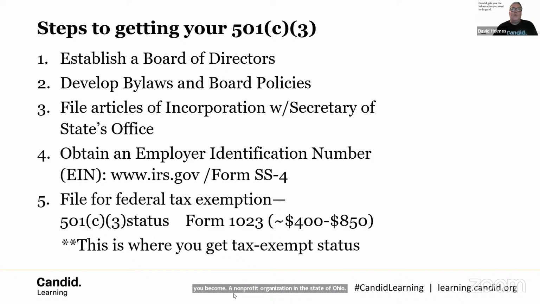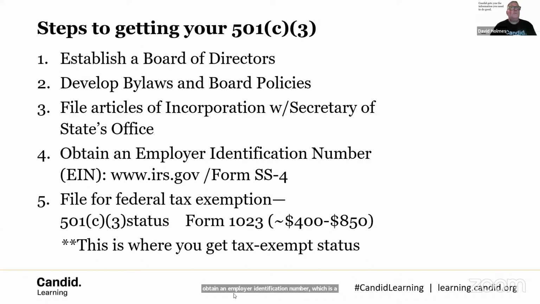However, in order to be a full-fledged 501c3, a public charity according to the federal government, and to become a tax-exempt organization, you have to then take that state incorporation and go to the IRS. What you need to do is obtain an employer identification number, which is a form that you file with the IRS.